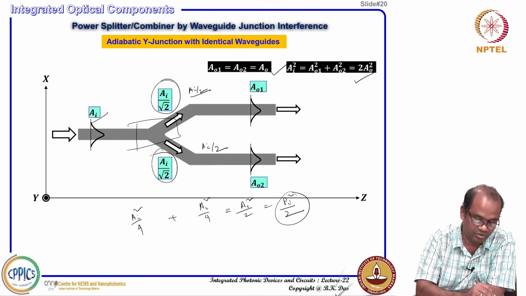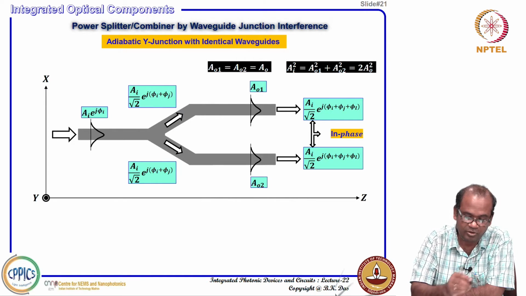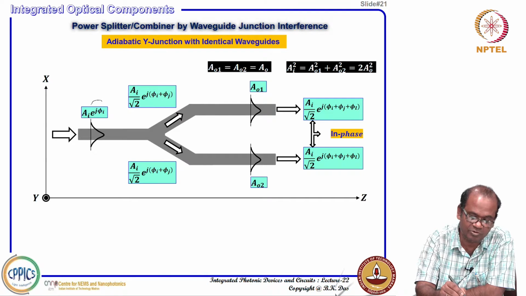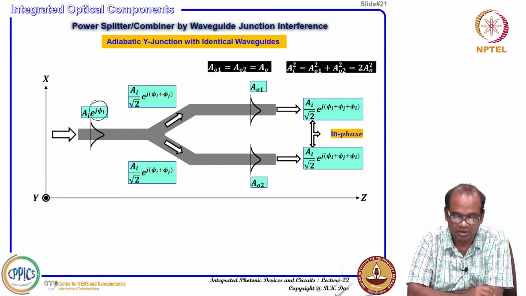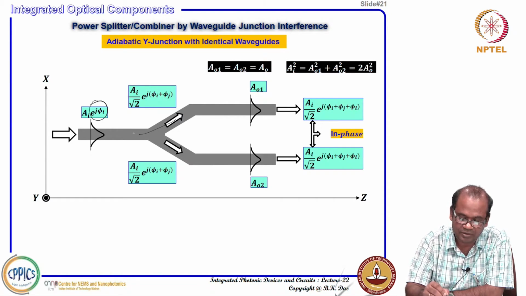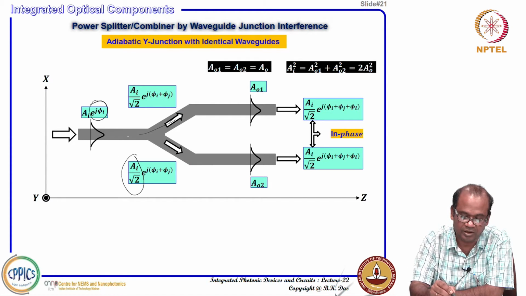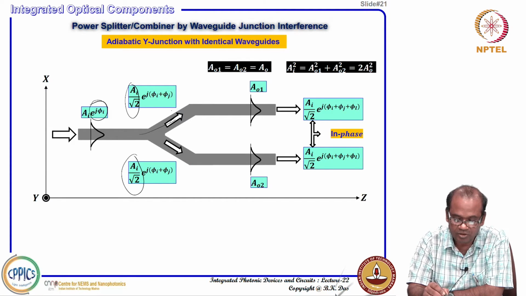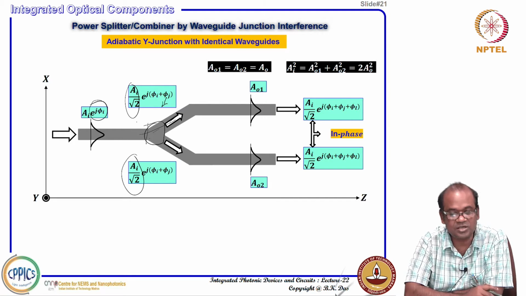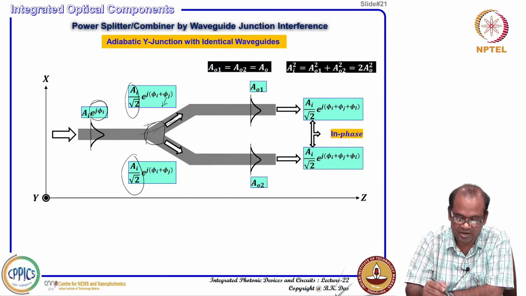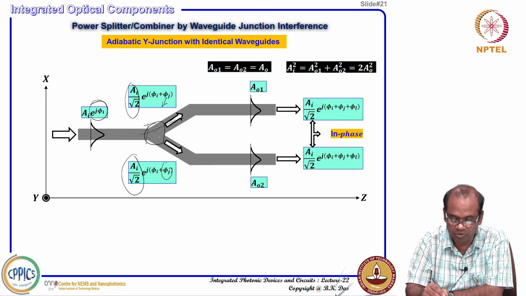Okay, fine. Now if you consider that at the input you have some initial phase phi I, I can write this. When it comes after splitting, I know the amplitude will be this one. Because of the junction, you may get some kind of junction phase phi J and phi J. Since both waveguides are identical, this phi J and phi J will be the same.